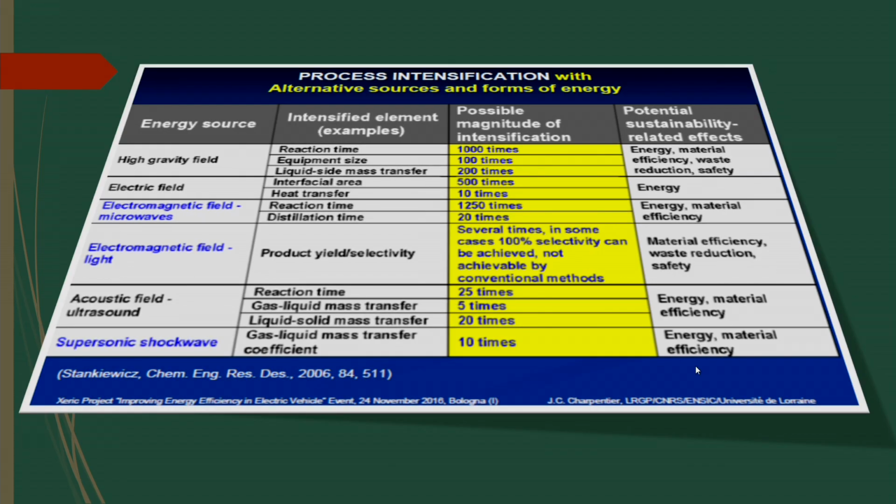Using these energy inputs, chemical engineering processes are going ahead based on this strategy, so that you develop a process with a magnified way of intensification, in terms of reaction time, equipment size, liquid side mass transfer, gas side mass transfer, interfacial area, heat transfer, and distillation time. You have to magnify the process output.